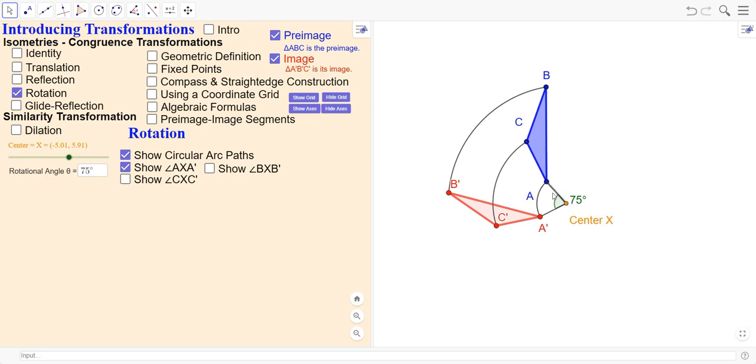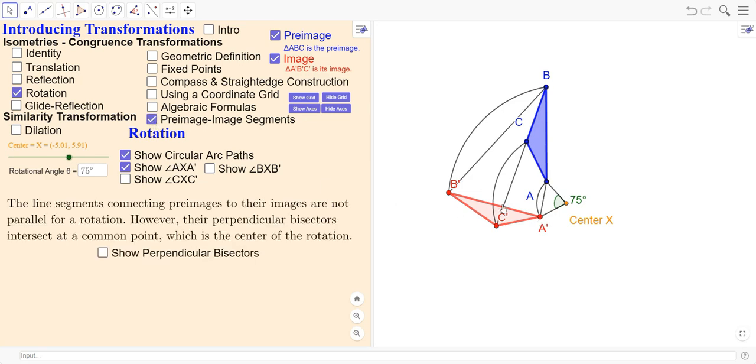Okay, so you got a little connect up pre-image and image segments here. You got a little isosceles triangle here, right? Because these are the same length, and that angle is the given angle. So, for example, there it is for here, isosceles triangle here.